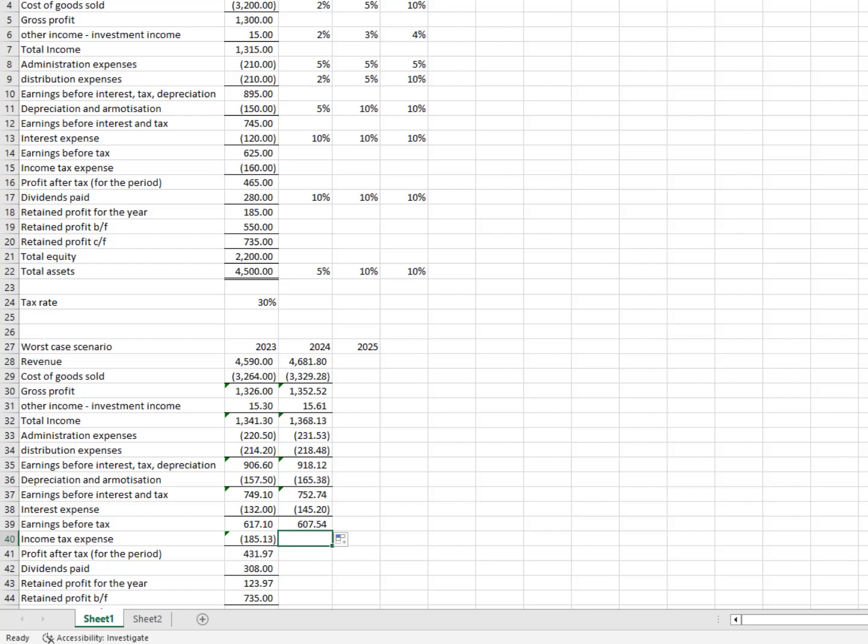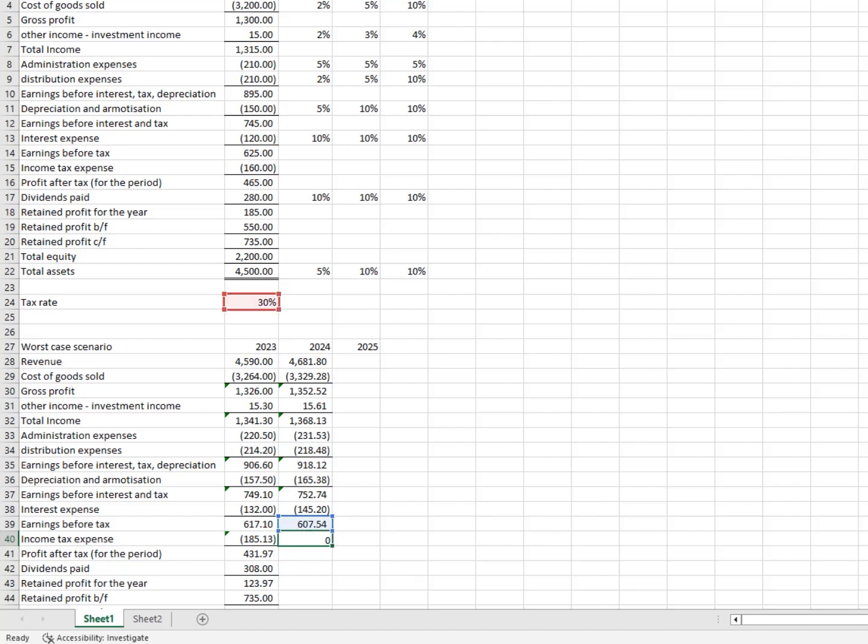And then we also have the income tax expense. To calculate it, again, we use the same formula. It is the earnings before tax, or rather we can introduce the minus sign before that. So let me just do it again to avoid confusion. Equal sign, then minus the earnings before tax multiplied by our tax rate, which is here.